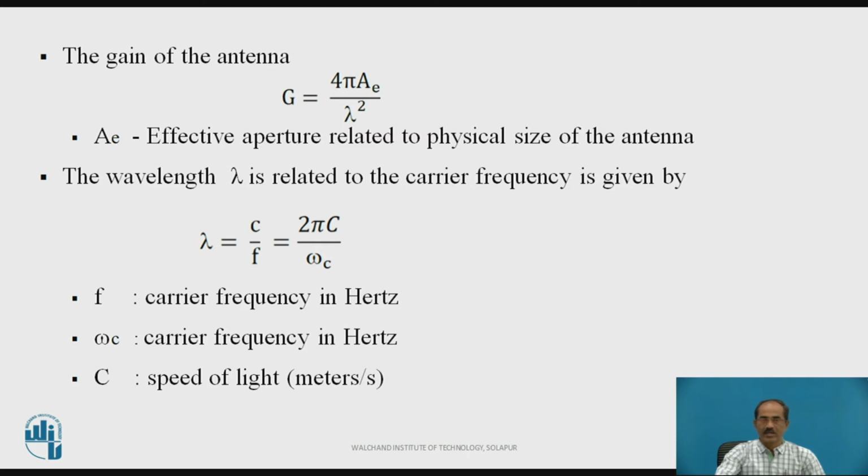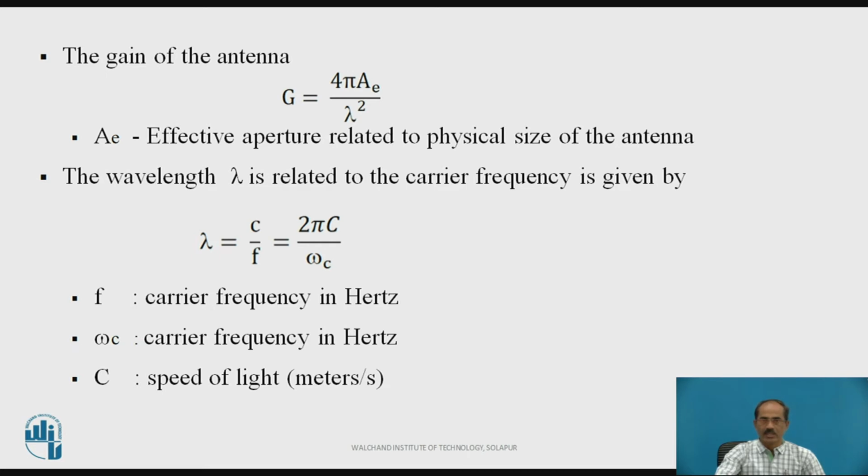The gain of the antenna is given by G = 4 pi Ae divided by lambda square, where Ae is the effective aperture related to the physical size of the antenna.